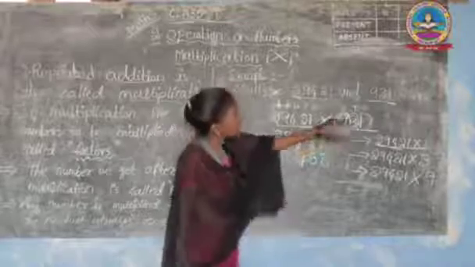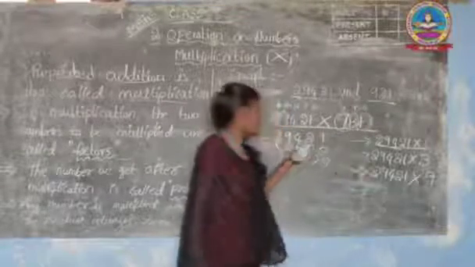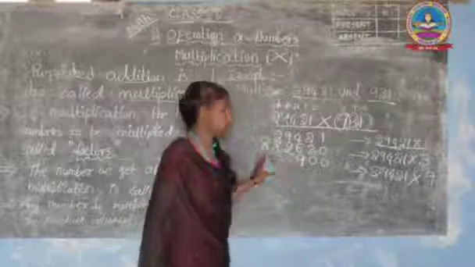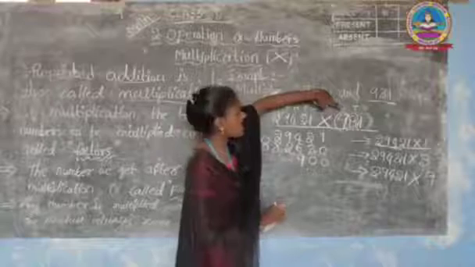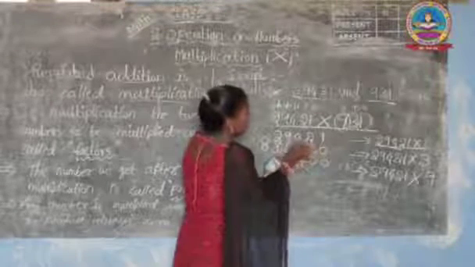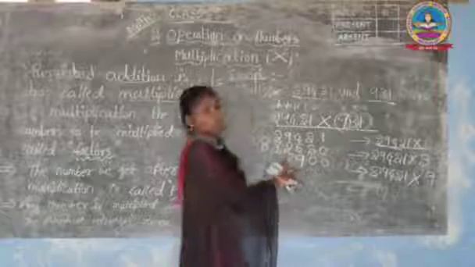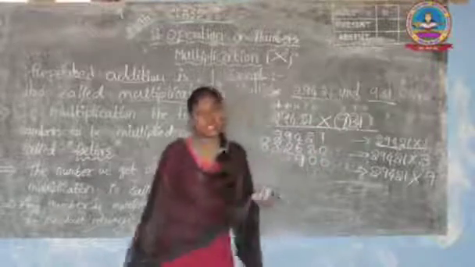If we multiply by a tens place digit, we write the product starting with the tens place. So here we multiplied 9 in the place of hundreds, so we will start with the hundreds place.